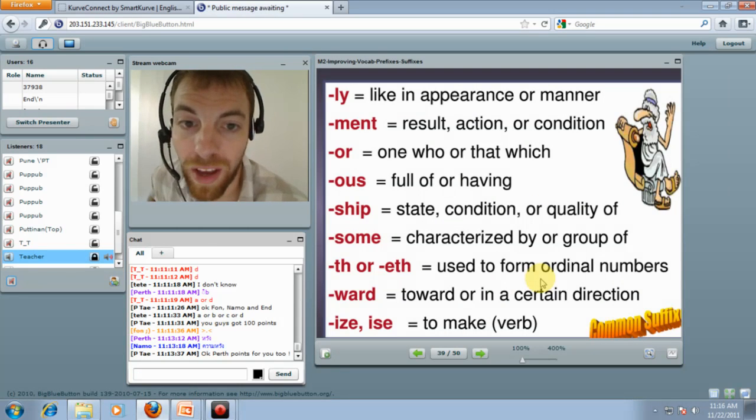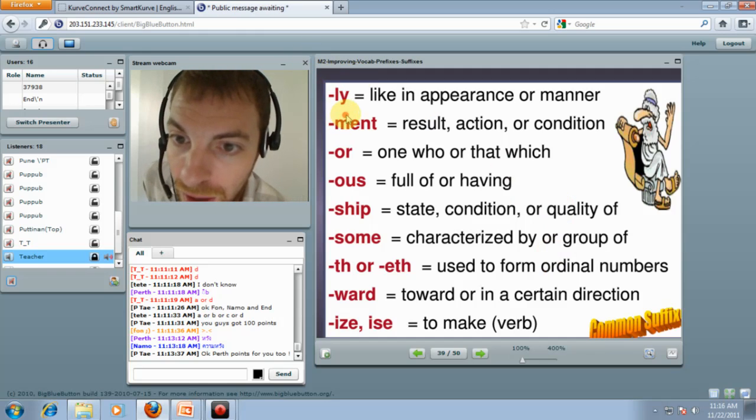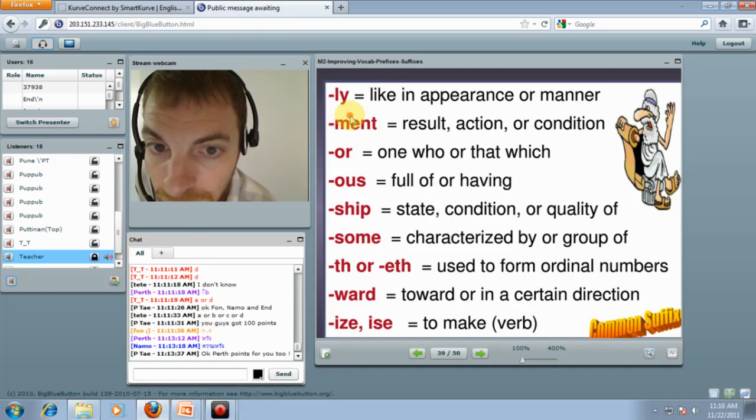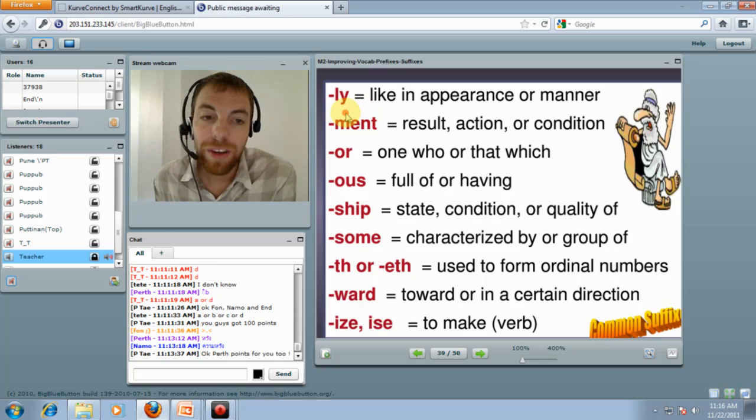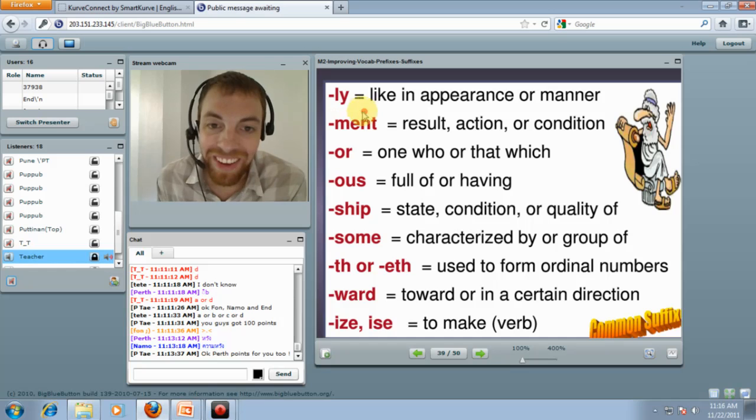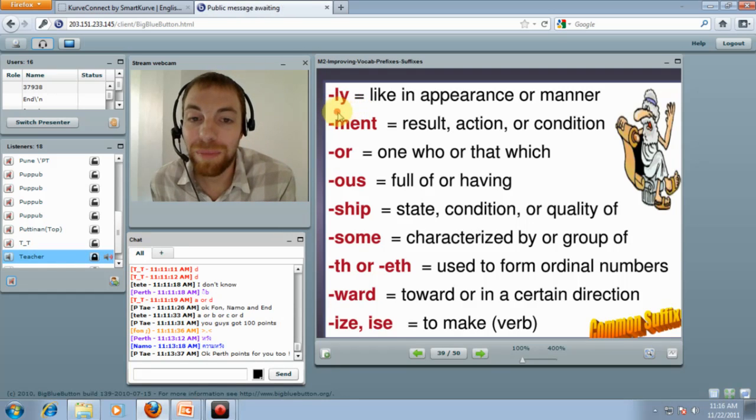Wow, here are some more. Okay, ly. Let's see. It's like an appearance or manner. So someone is ugly, or yes, ly can mean what they look like or how they act. Friendly.